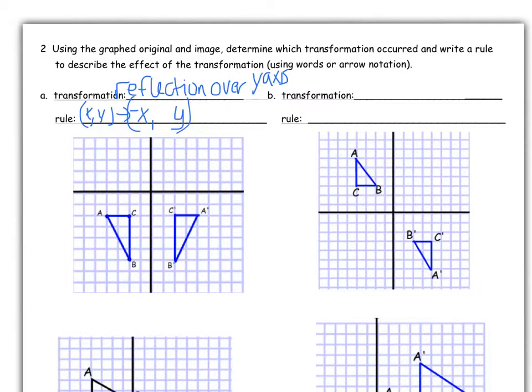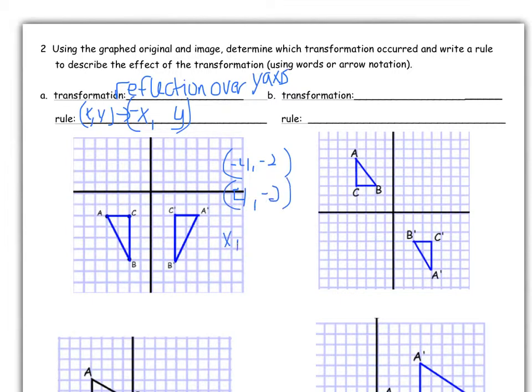Some of you won't be able to do that. This is where I suggest you write the ordered pairs. For example, the original A is -4, -2. My new A is 4, -2. So what's happening?